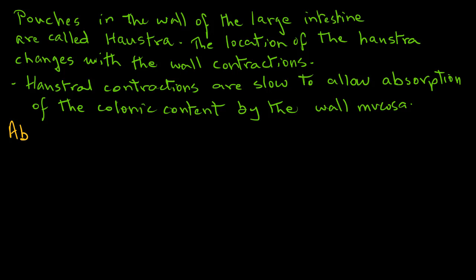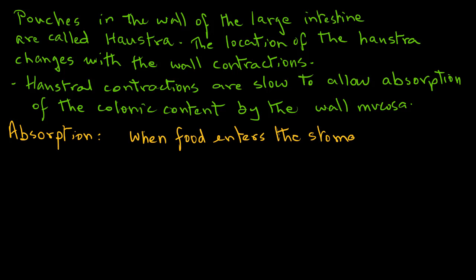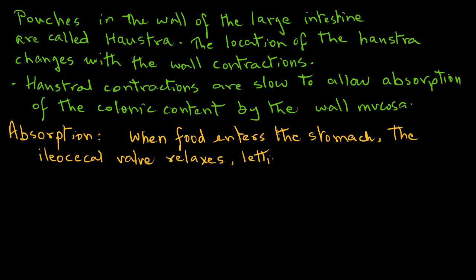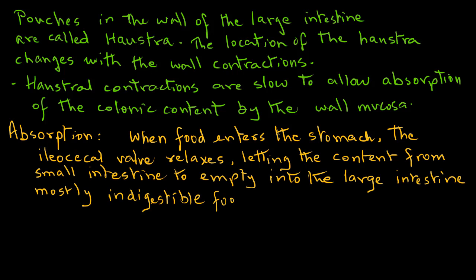Now, if we look at the absorption of various nutrients, when the food enters the stomach, the ileocecal valve relaxes, and that allows the content from the small intestine to empty into the large intestine by opening up that ileocecal valve.